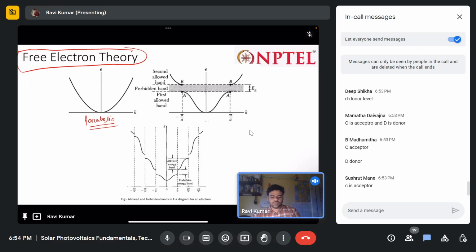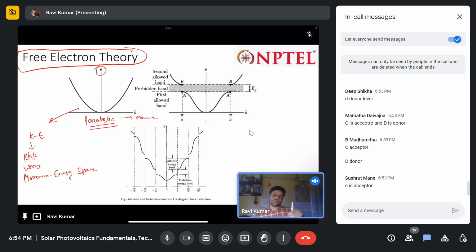First I'll tell you, this is an E-K diagram. K is our wave number, or we also denote it with h cross K, so it is momentum. This is momentum-energy space, so here it is momentum and it is our energy.